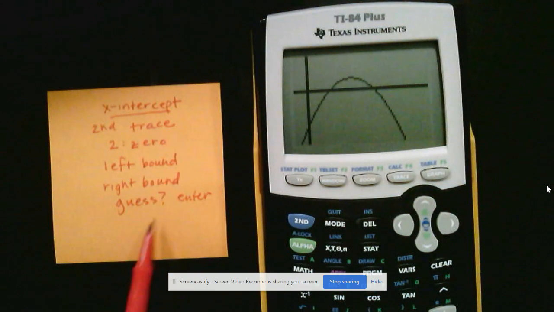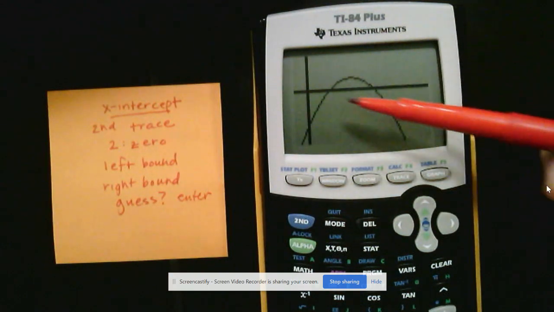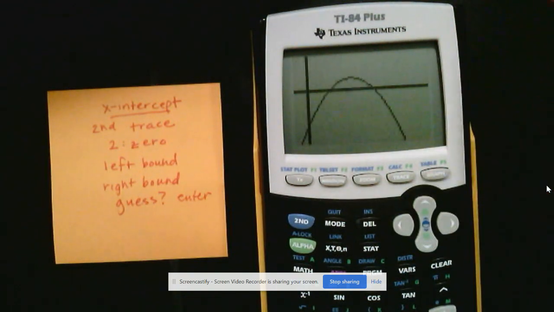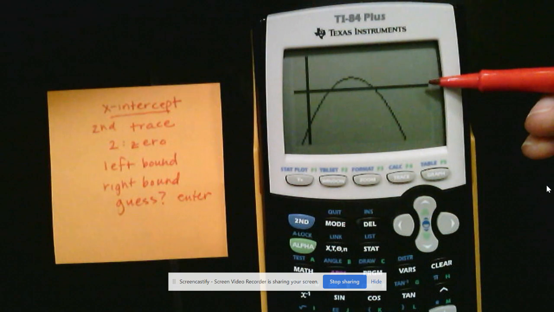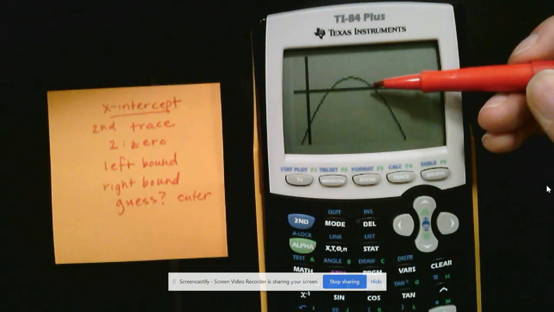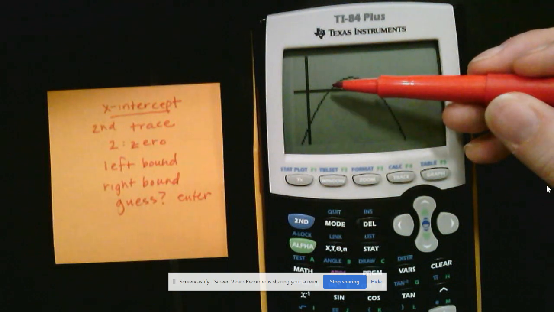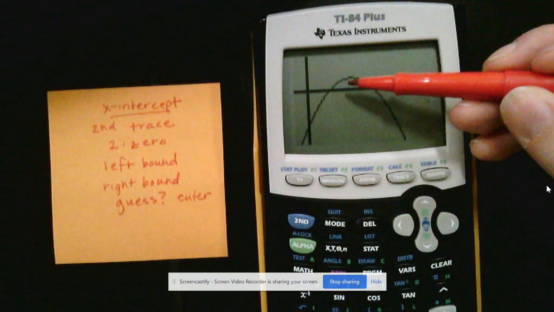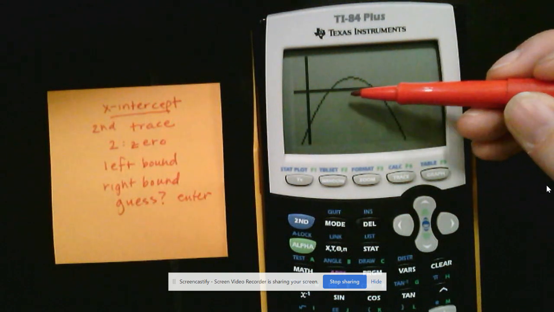These are the steps we're going to follow, and we're going to have to do it 2 times because there are 2 x-intercepts. I know that my x max goes all the way to 100. So about halfway is 50, and then halfway between that is about 25. So I can estimate these numbers are somewhere in the 30s or 40s.